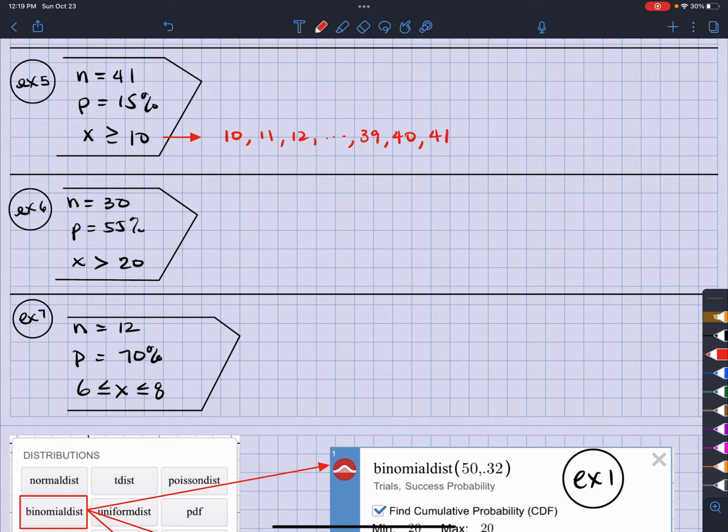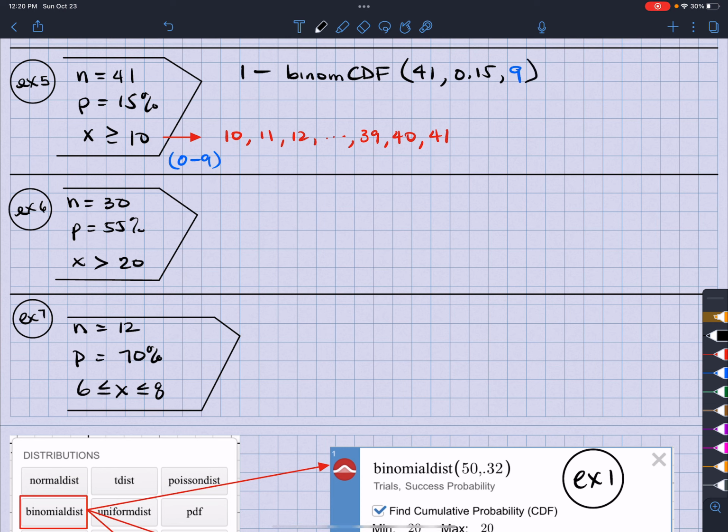But I don't have a CDF that can take care of that. Right? So the only thing I can do is I can find what 0 to 9 would be, right? I can find that and subtract it from 1. So in this case, I have to do 1 minus the binomial CDF of 41, comma, 0.15, comma, 9.